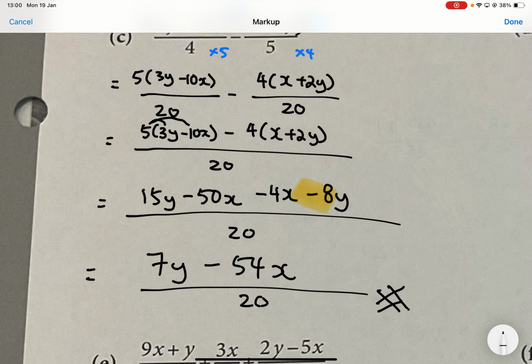Positive times negative, so this one is minus 50x. Minus times positive, so this one is minus 4x. Minus 50x minus another 4x. So altogether minus 54x. Slowly, one by one thing, then you won't get it wrong. All the individual steps are not that difficult. So don't rush.